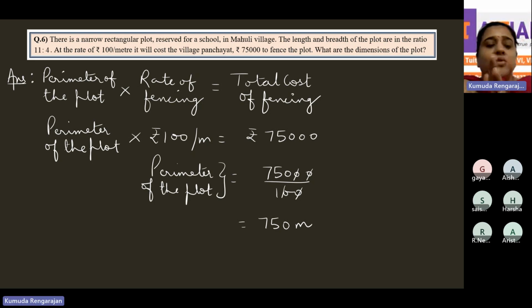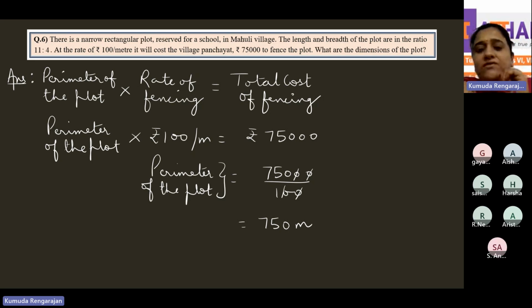Now, what about that 100 rupees per meter and 75,000 rupees? The total cost of fencing this plot amounted to rupees 75,000 at the rate of rupees 100 per meter. That is, the village panchayat has hired a person to fence the plot.